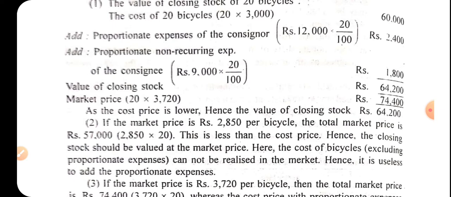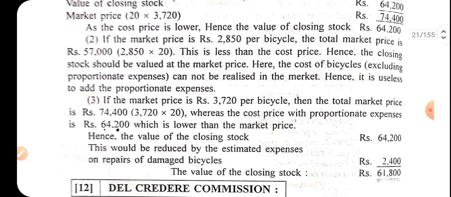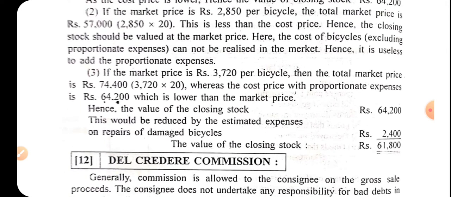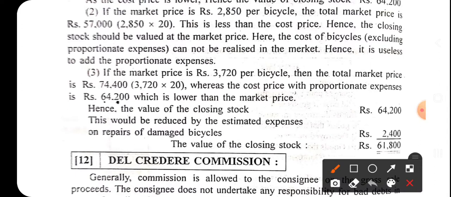From 64,200 we will make a deduction of 2,400. What is this deduction for? For one bicycle the repairing charge is 120. So 120 into 20, that is 2,400.